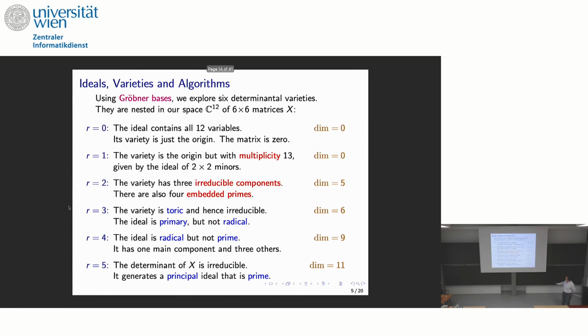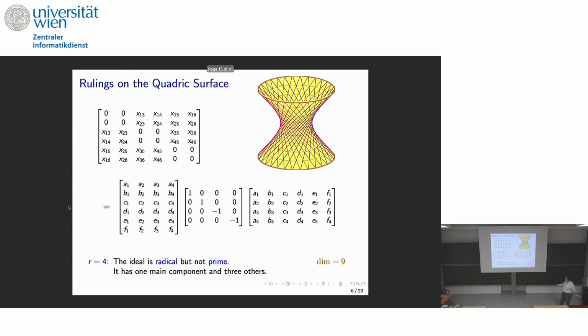Let me maybe talk about this main component a little bit and show you a picture. So here we had this R equals 4 case, right? In the R equals 4 case, we are looking at matrices like this of rank 4. So let us find a parametric representation in algebra language, or let's make the rank 4 manifest in physics language by writing down the low rank factorization.